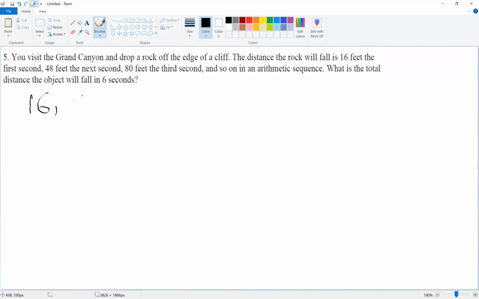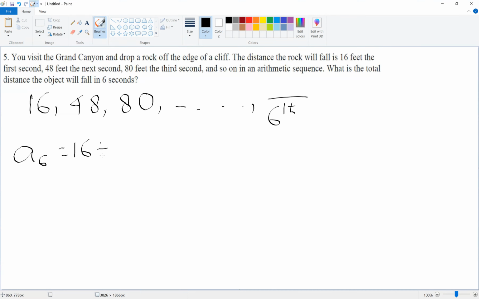So the difference is 32, and then you would use the AN equals formula. So it would be AN equals 16 plus 6 minus 1 times 32. And then it would be 5 times 32, which is 176.